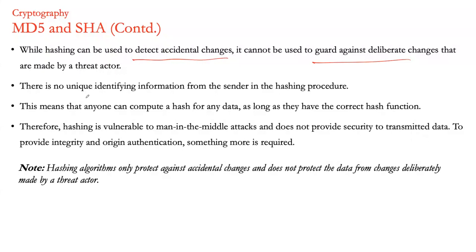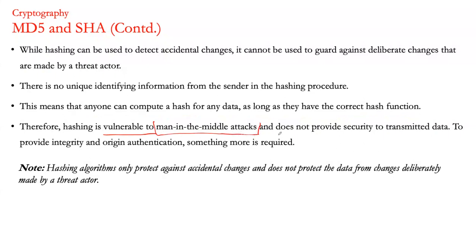There is no unique identifying information from the sender in this hashing procedure. This means anyone can compute a hash for any data as long as they have the correct hash function used by the receiver. Therefore, hashing is vulnerable to man-in-the-middle attacks.